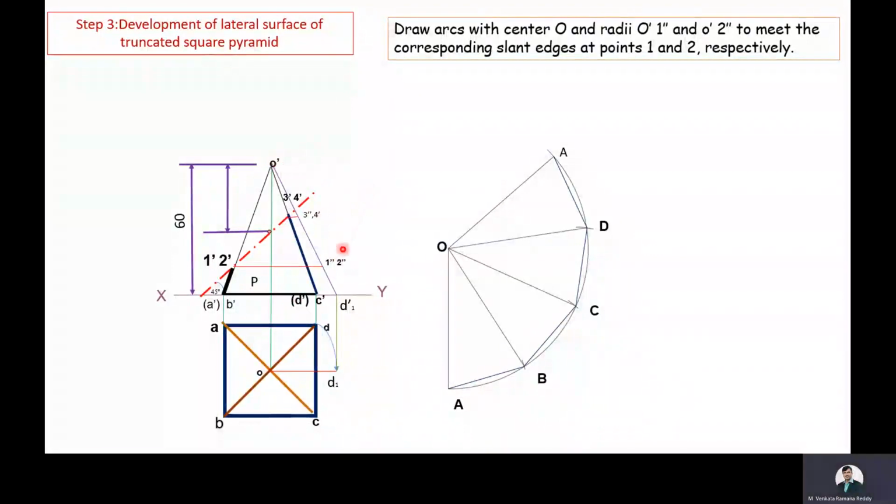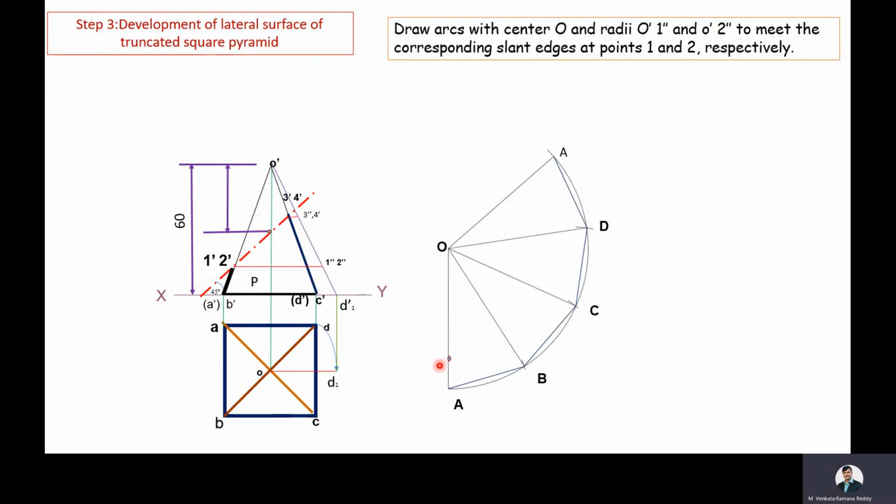With O dash 1 double dash as a radius, O as a center, draw an arc on OA slant edge in the development and name this point as 1.